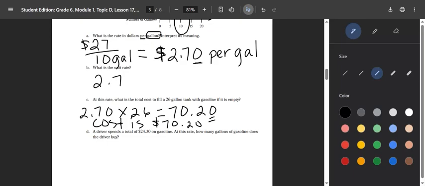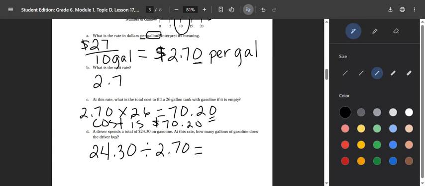Then D says a driver spends a total of $24.30 on gasoline. At this rate, how many gallons of gasoline does the driver buy? So if the total cost is $24.30, I'm going to take that $24.30 and I'm going to divide it by the cost of 1 gallon, which is $2.70.